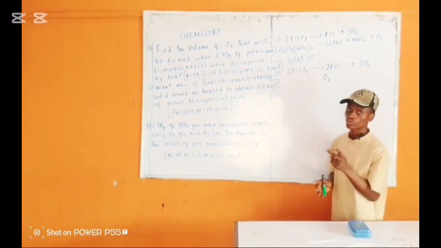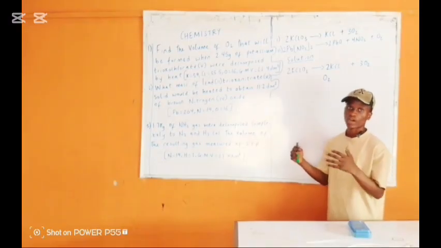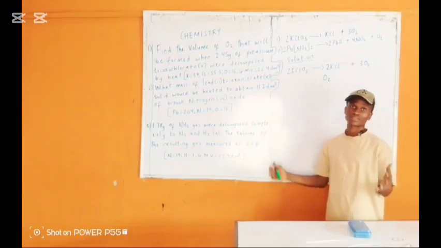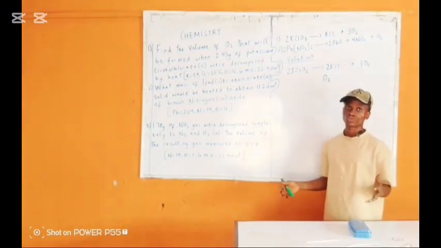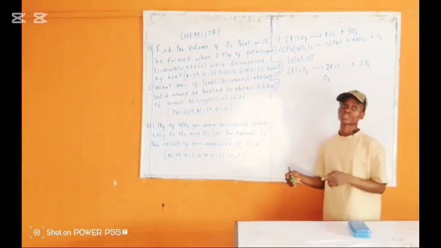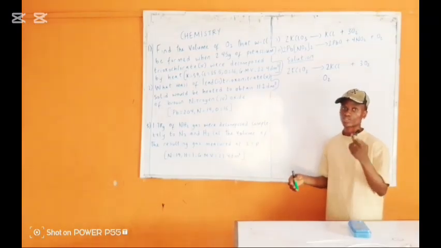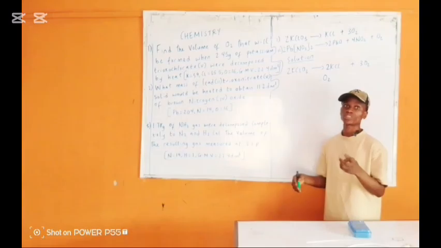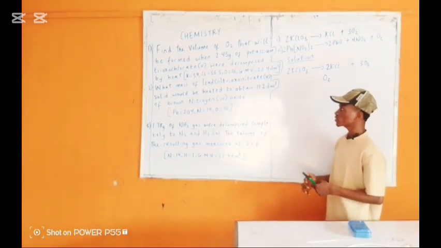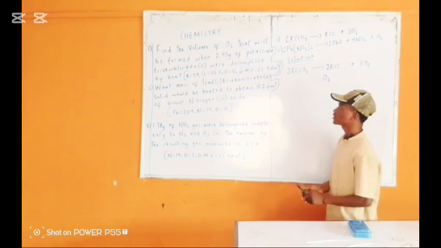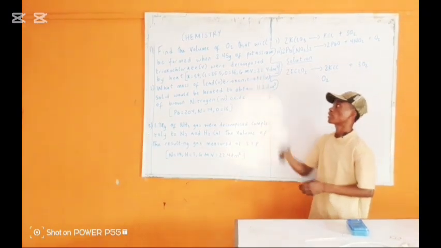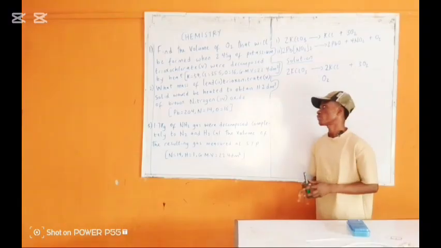The two related substances, no matter how many substances you have as the reactants and the products, your attention will be drawn to just 2. And the first one will be the one with what? With value. And the second one must be the one with what? Must be the unknown, the one you are looking for. So we are saying potassium trioxochlorate(V) having value, which is 2.45.